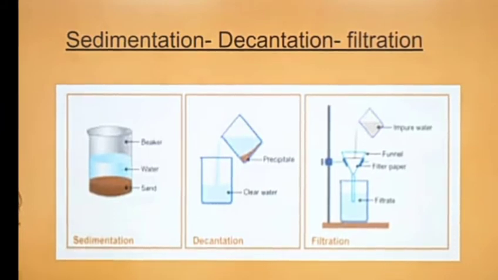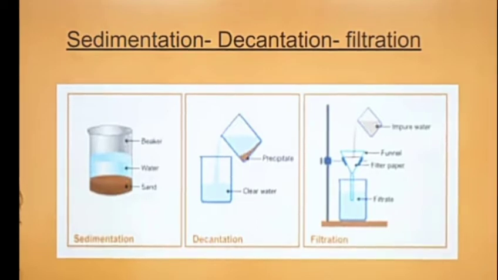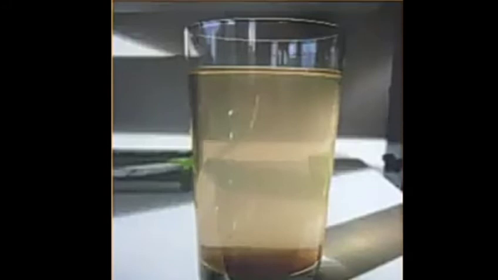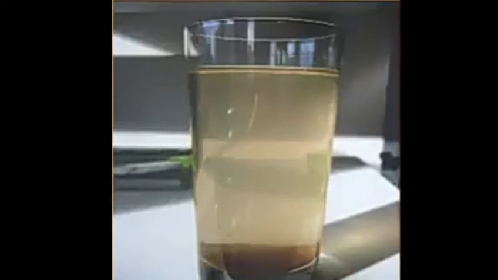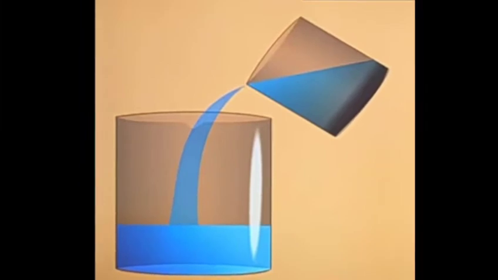But before that, let me show you the live sedimentation, decantation and filtration pictures. This is the sedimentation, where the sand is settled at the bottom and the water is at the top, but that is not that pure. Now this is the decantation process, where the top water is collected into another beaker.